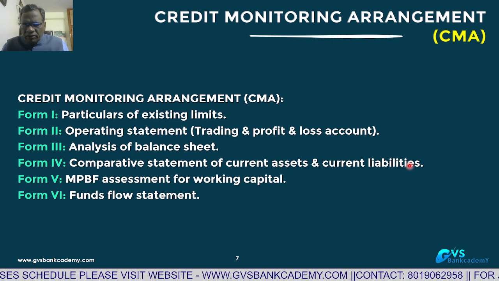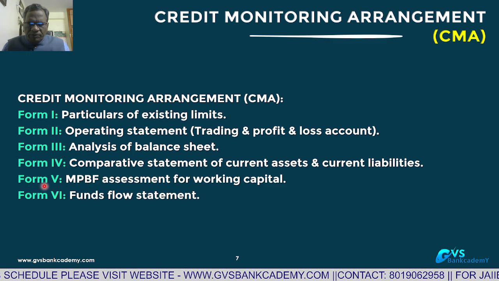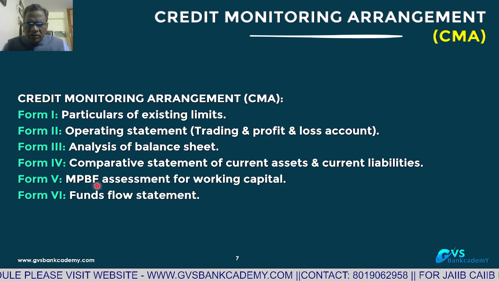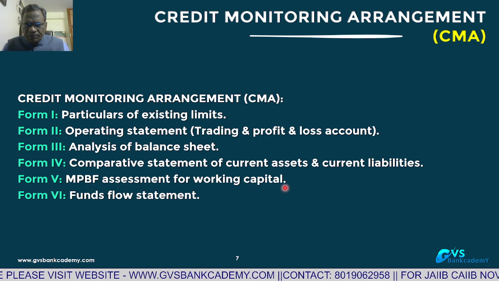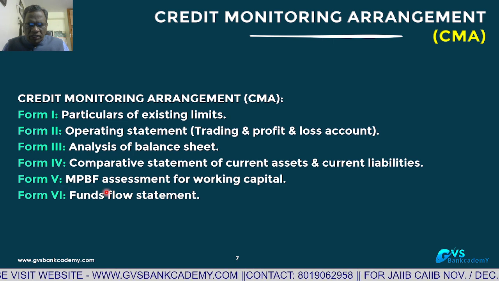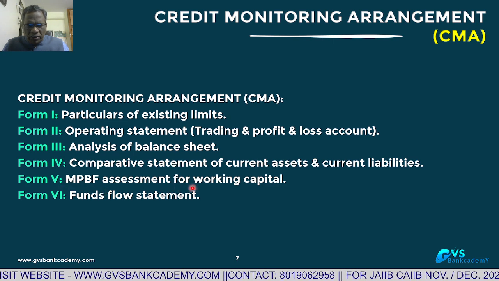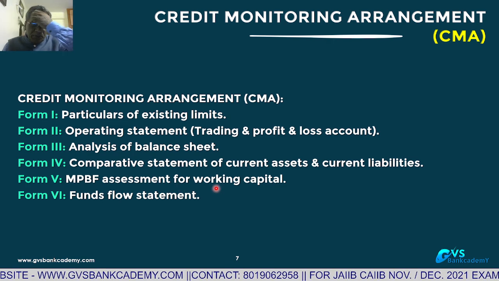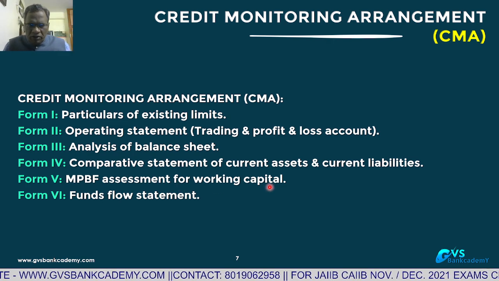current liabilities. Now, form number 5, MPBF, maximum permissible bank finance assessment for working capital. In the bank, this form we are using. Under this form, we are calculating what is the requirement, how we are going to assess the working capital of the company or firm.